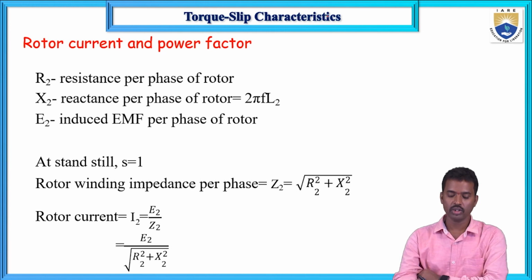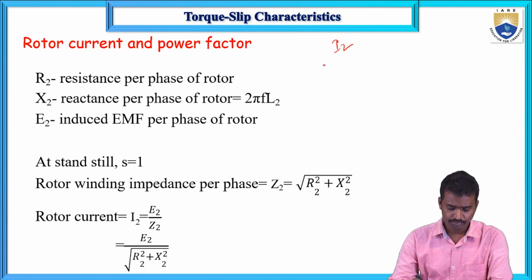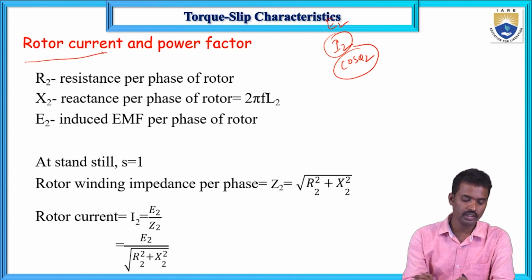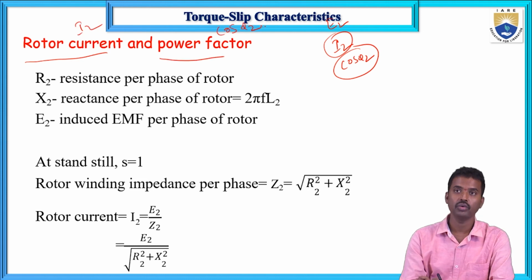If you know the formulas for I2, cos phi 2 and E2, you can derive the torque equation. First I2 is the rotor current, and cos phi 2 is the rotor power factor.